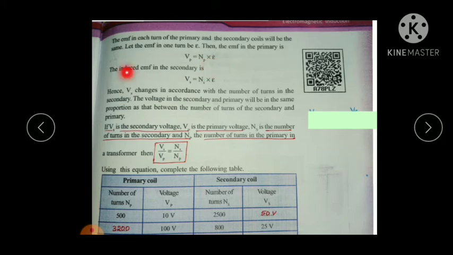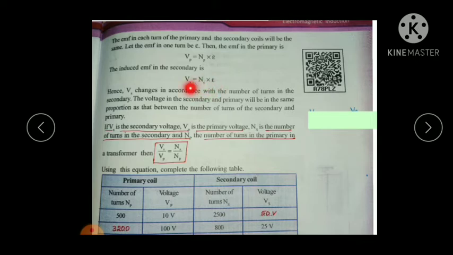Then the induced EMF in the secondary is Vs, that is, the voltage in the secondary, Vs is equal to Ns into E. Ns is the number of turns in the secondary into the EMF in one turn.